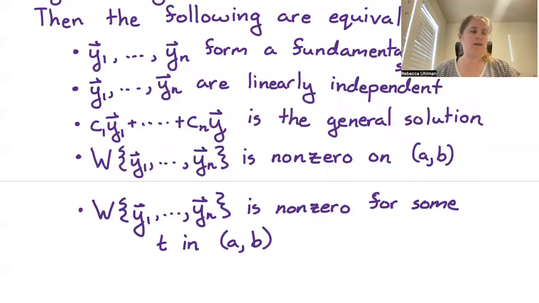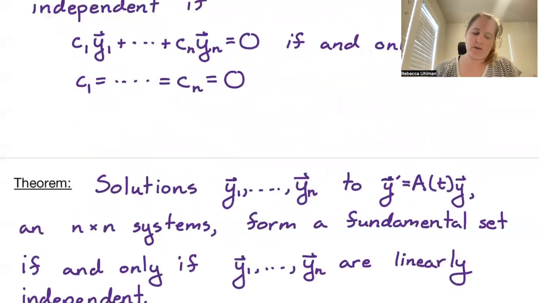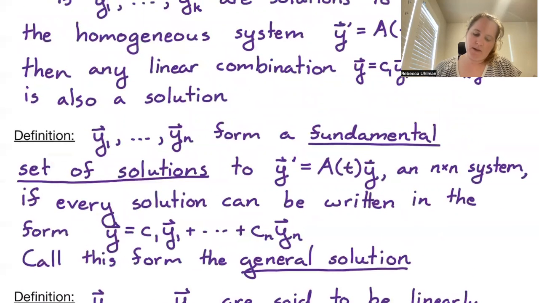Again, this is basically identical to the theory we've had before for differential equations. We're now generalizing it to systems. I realized as I was writing, I should have written one more thing in my definition of a fundamental set of solutions. I should have said that we were dealing with solutions y1 through yn.